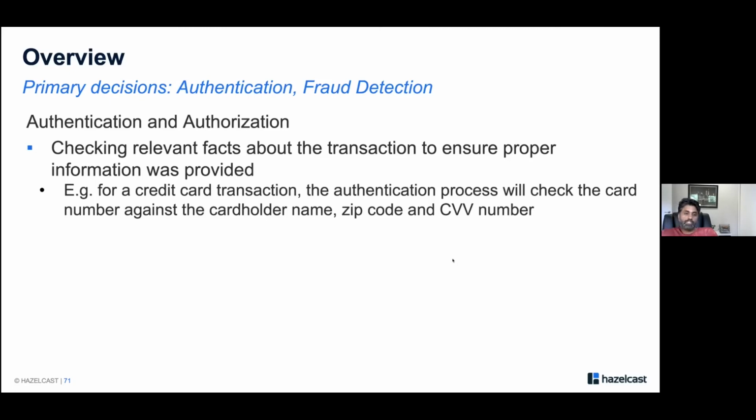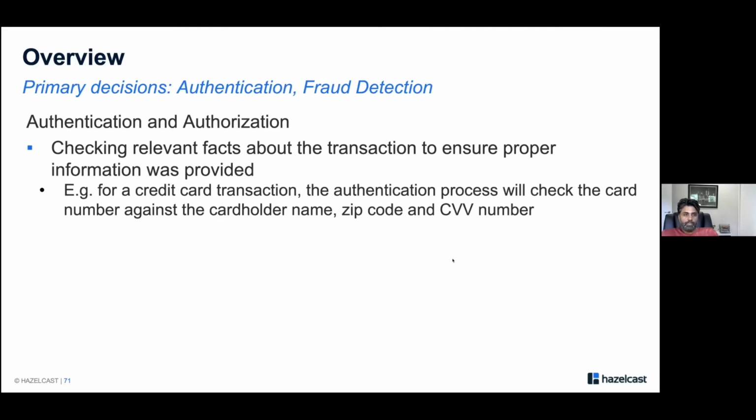These checks verify that the transaction is coming from a genuine source, a genuine owner of that payment device. Because what may happen, if you swipe a credit card in London and an hour later your credit card was swiped in New York, then it is literally not possible, right? And that's a fraudulent transaction.